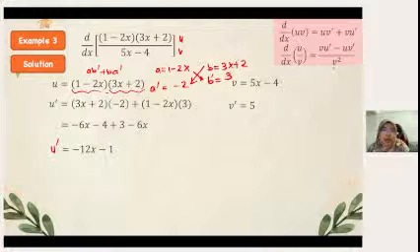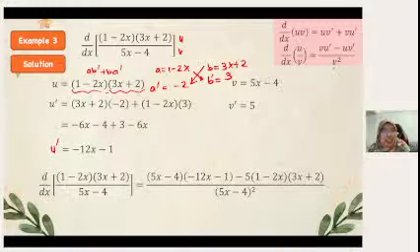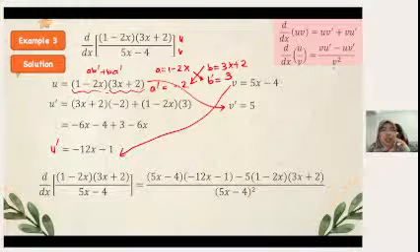So now we are going to use the formula vu prime minus uv prime over v square. So it's a bit long, but we just have to calculate them. Okay, so v multiplied with u prime, and then u multiplied with v prime, and then over v square.